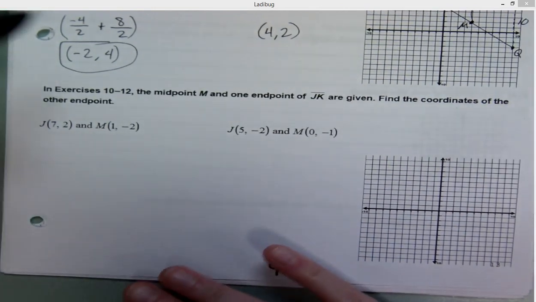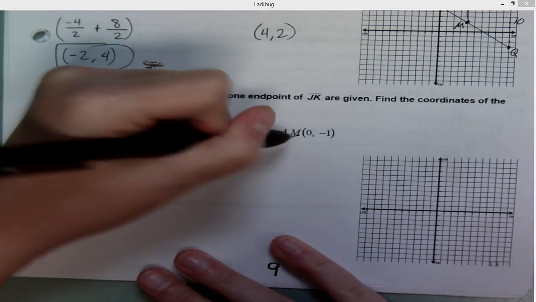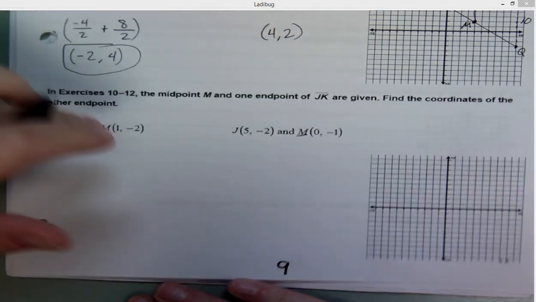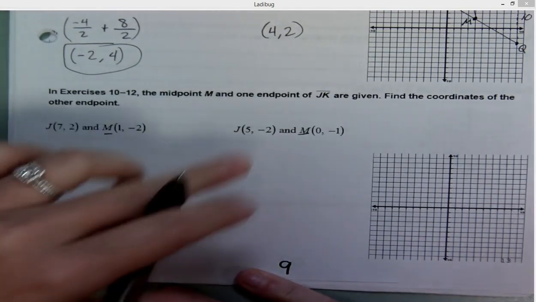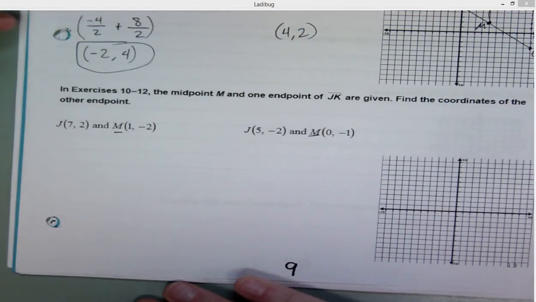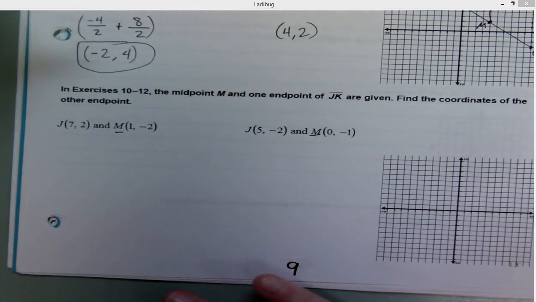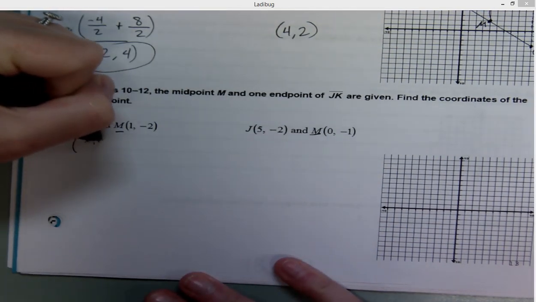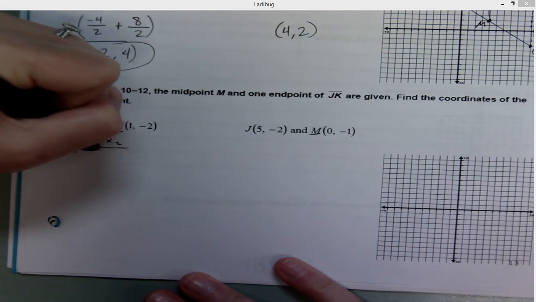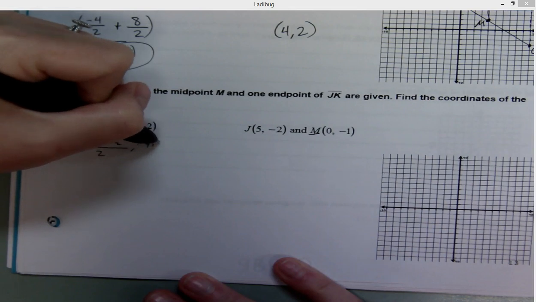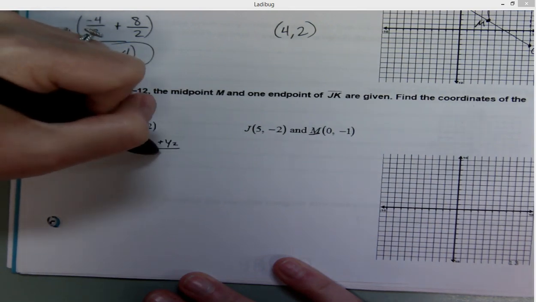Okay, now this gives us a midpoint and one endpoint. So if it does that, I'm going to show you the mathematical way here. I will show you the graphing way here. You can decide which way you like better. Alright, so our midpoint formula is x1 plus x2 divided by 2, and y1 plus y2 divided by 2.